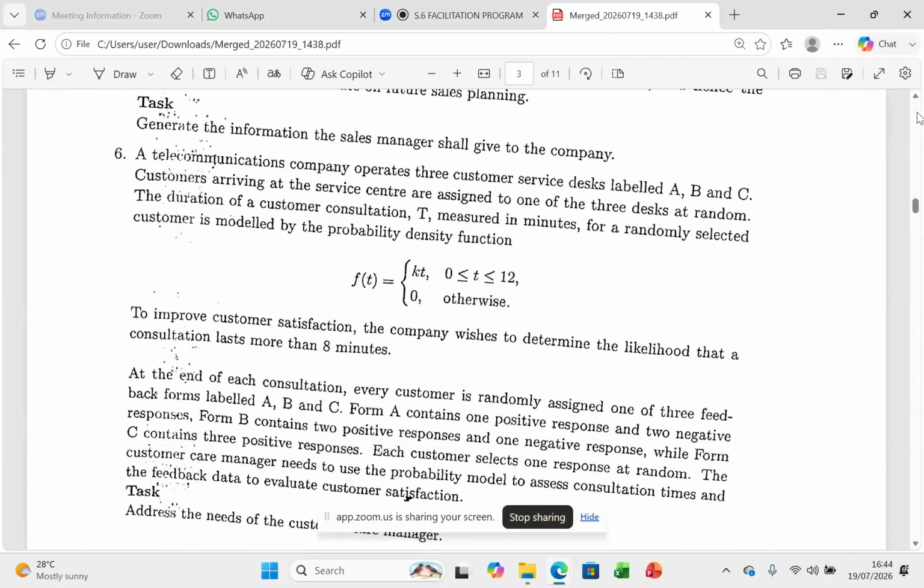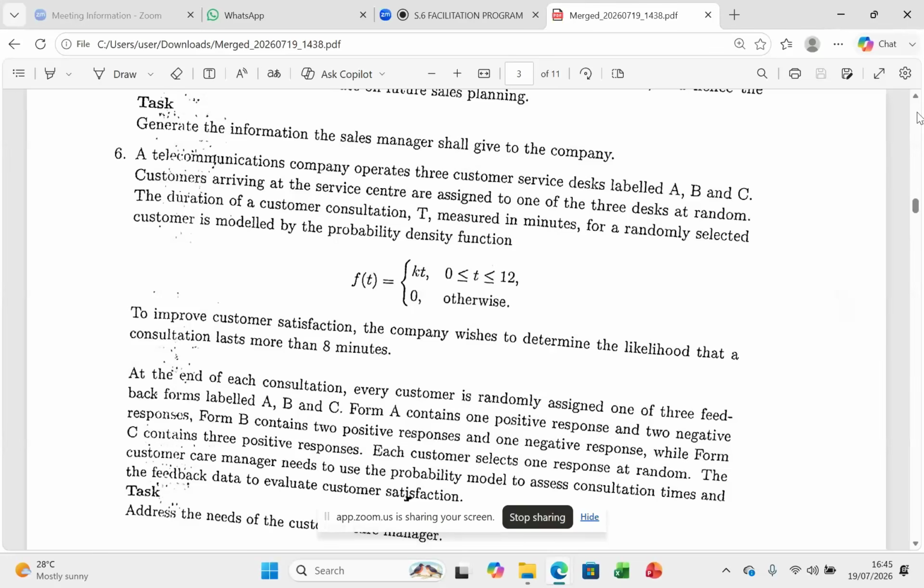Good afternoon. My name is Naria Monica from Wanyange Girls, and I'm taking you through item 6. The question says, a telecommunications company operates 3 customer service desks labeled A, B, and C. Customers arriving at the service center are assigned to one of the 3 desks at random. The duration of the customer consultation T, measured in minutes for a randomly selected customer, is modeled by the probability density function.